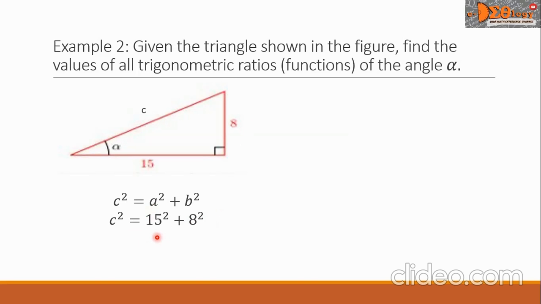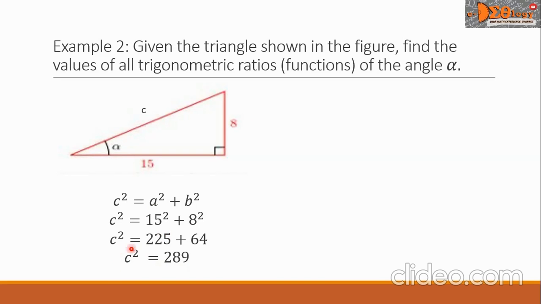Simplifying further, 15 squared is 225 plus 8 squared is 64. Then we will add the two numbers, it becomes 289. So c squared equals 289.